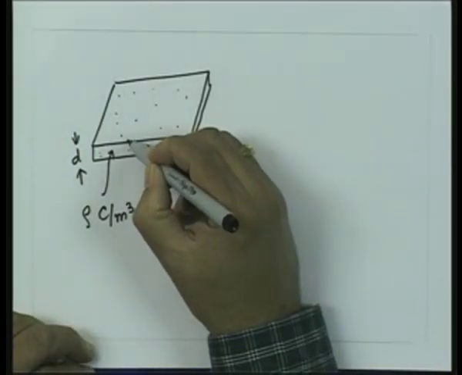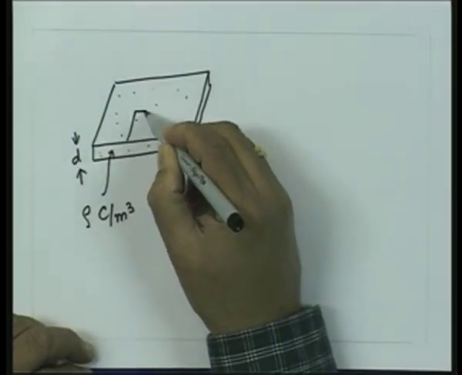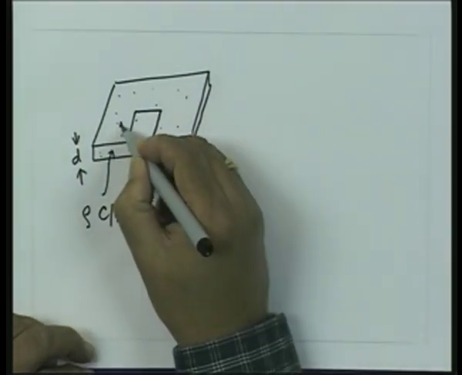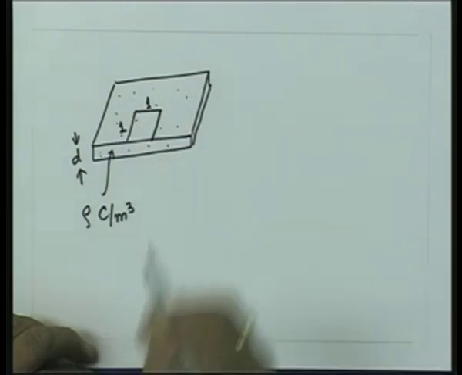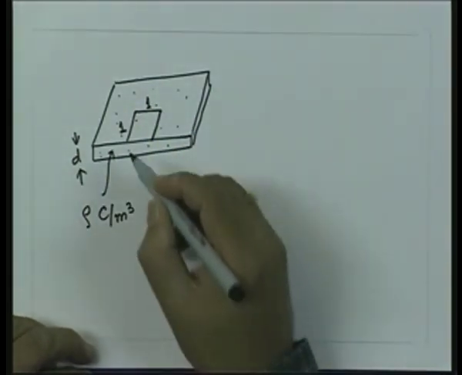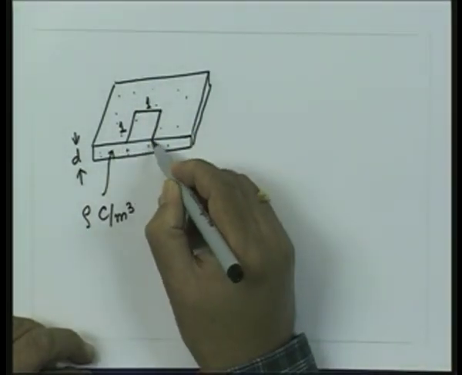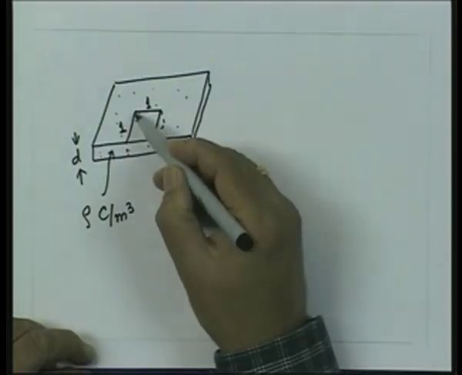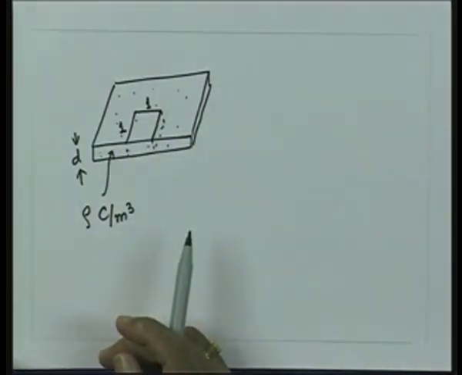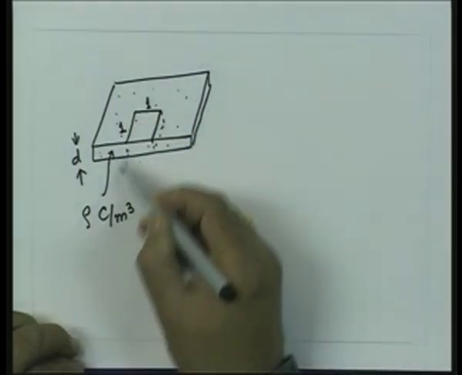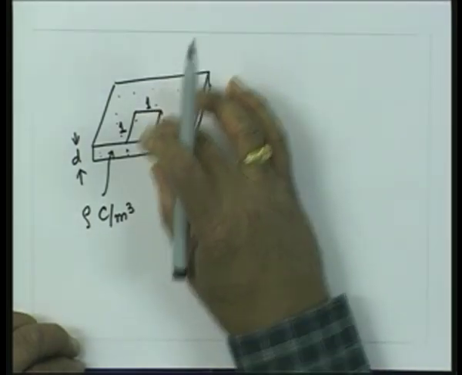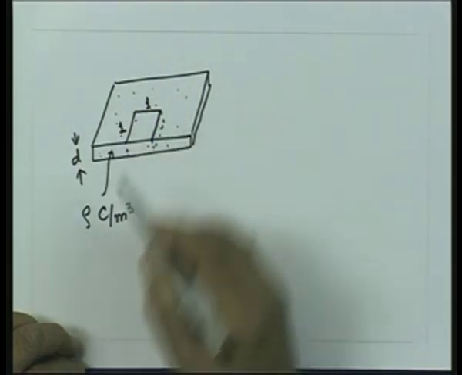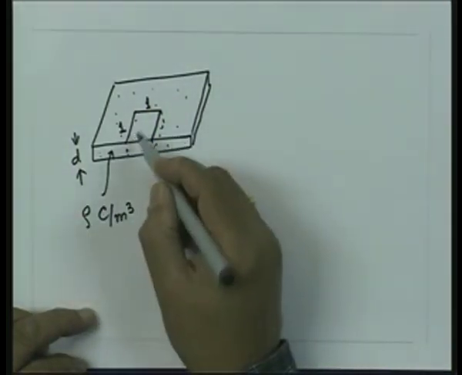If I now consider a unit area on the surface, so let us say this length is 1 and this width is 1, and consider a volume of unit area on the surface of the sheet, the total charge in this volume, which has a height of d and area 1, will be the charge density multiplied by the volume.